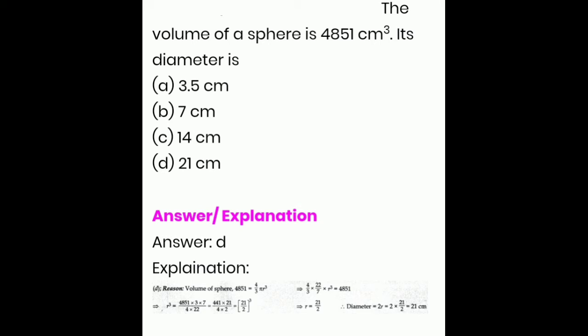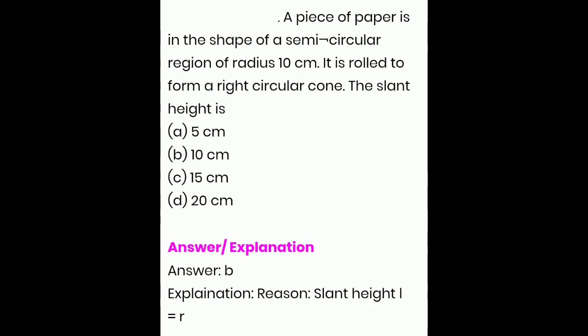So volume equals 4851 equals 4 by 3 pi r cube. The value of pi we know is 22 by 7. Substitute the value. After simplification, we get r cube equal to (21 by 2) whole cube. So r is equal to 21 by 2. But actually diameter is what? 2 times the radius.